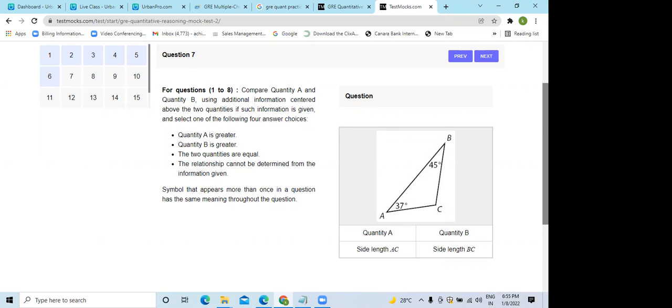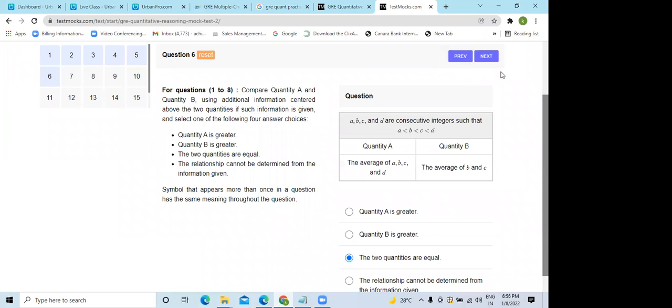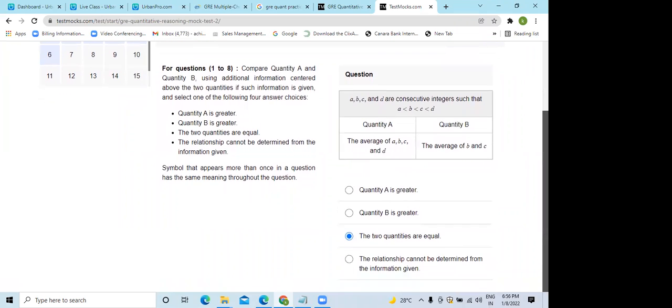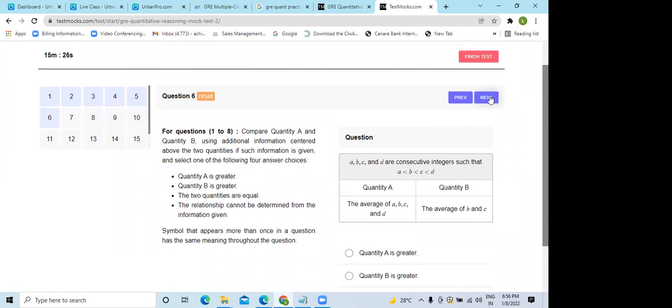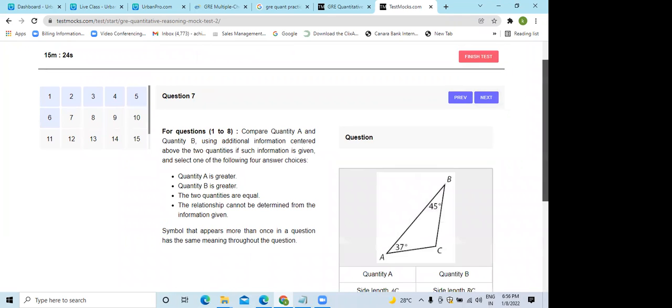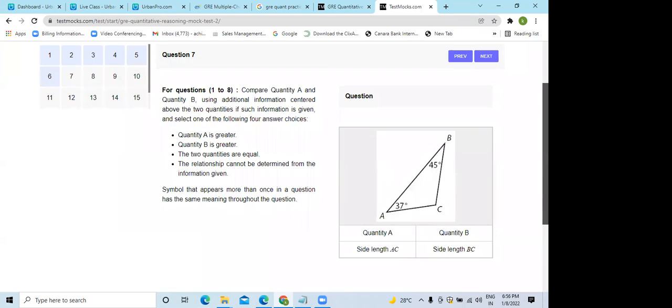Actually, could you go back to the previous question, sir? The relationship cannot be determined. If we use different numbers, the answer would come different. Side length AC, side length BC.